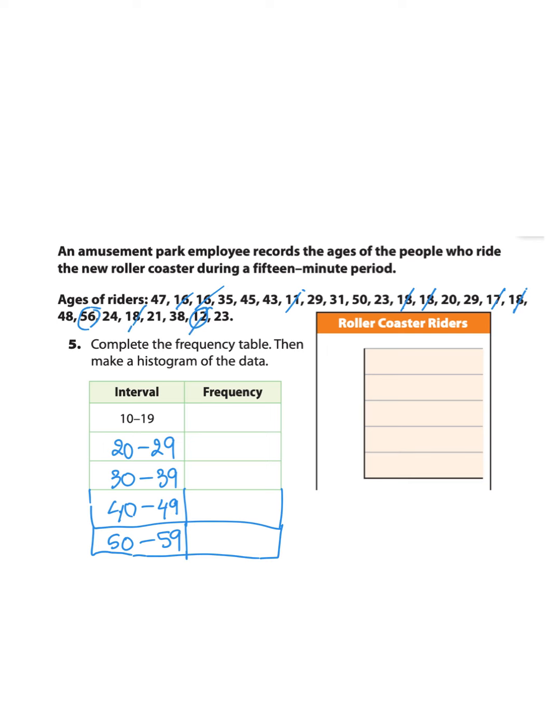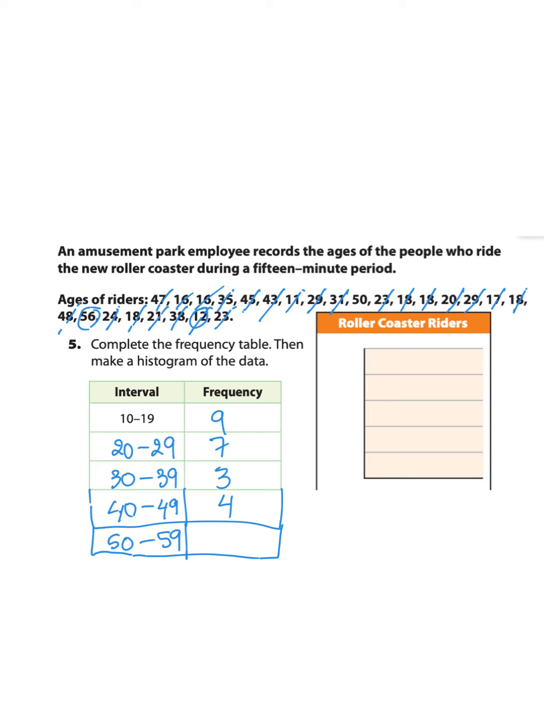Okay, 20 to 29. 1, 2, 3, 4, 5, 6, 7. 30 to 39. 1, 2, 3. 40 to 49. 1, 2, 3, 4. 50 to 59. 50 and 56 is only 2 numbers.